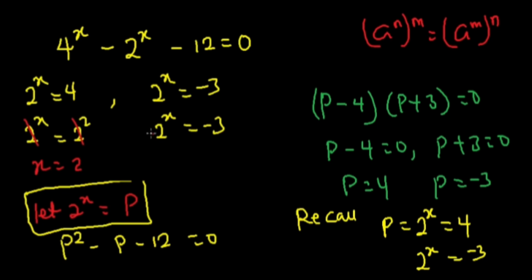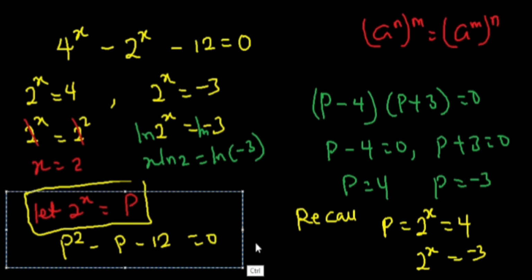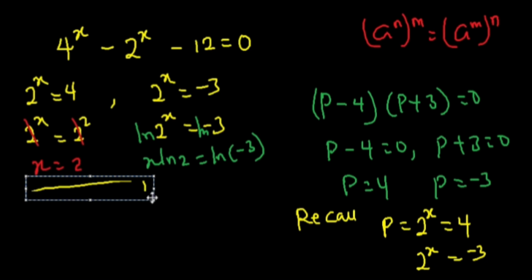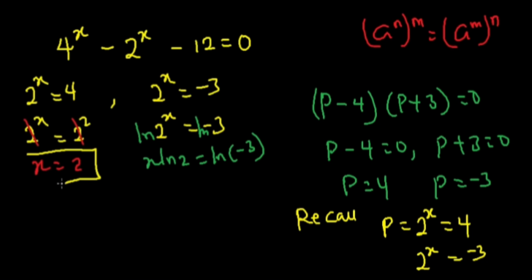Then here I need to introduce a natural logarithm function to both sides. So I will have x ln 2 equals ln of minus 3. Okay, that will be so complex, so we'll just see it to the end. Actually, I've already accepted the fact that this one is my x, but let's just see this one to the end.